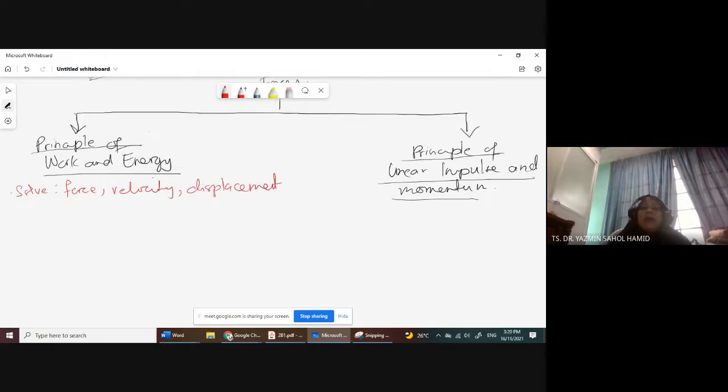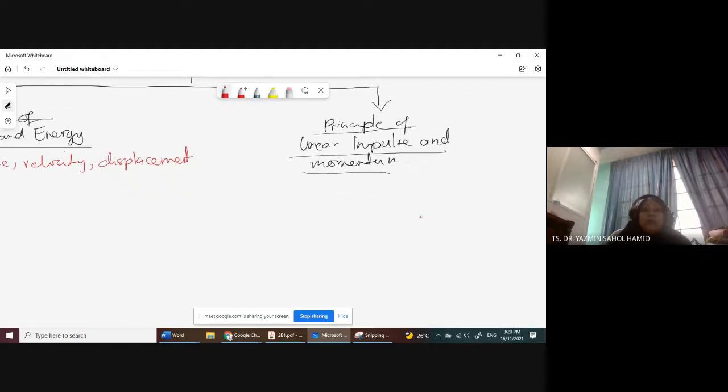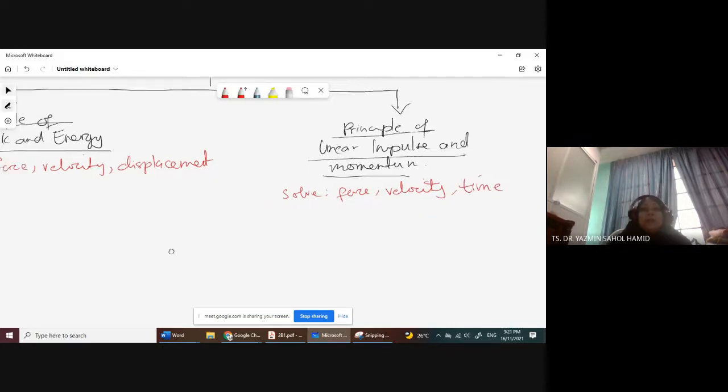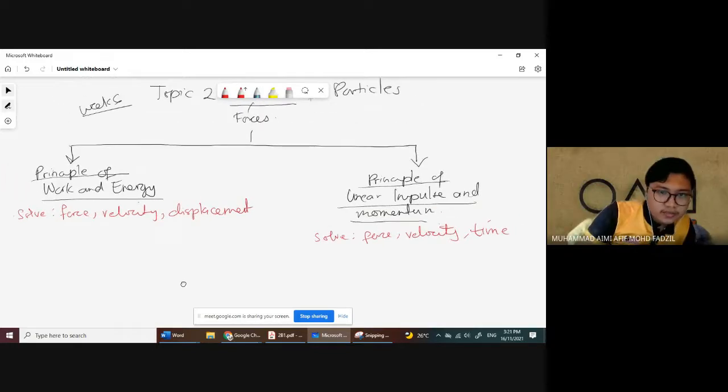And for the principle of linear impulse and momentum, the main thing you want to solve involves force, velocity, and time. Can you see the difference between these two principles? Displacement and time. Yes, okay.